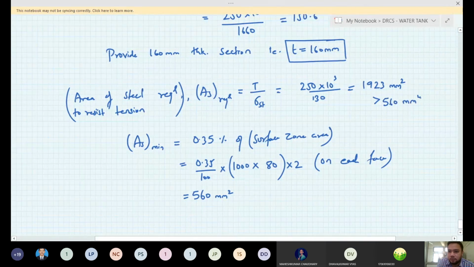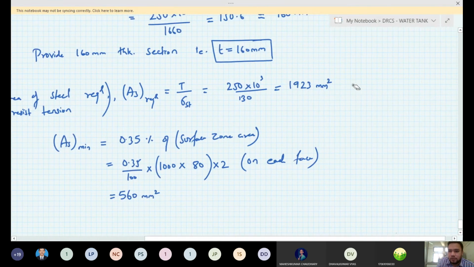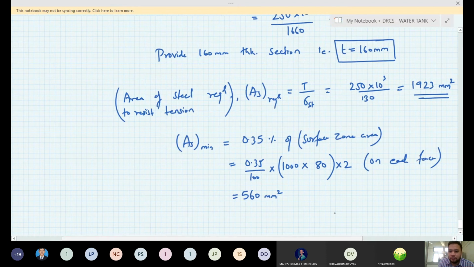Okay, so here this value is greater than 560 mm square, or we can write this is greater than AS minimum equal to 560 mm square. So we will be using this value to provide the area of the steel.